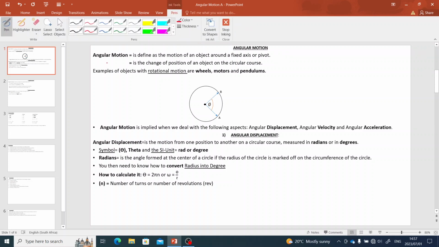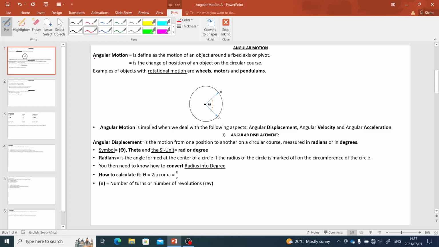Angular motion, let's look at the definition of angular motion. The first definition that I've written here says it is defined as the motion of an object around a fixed axis or pivot. The second one defines it as the change of position of an object on a circular course.